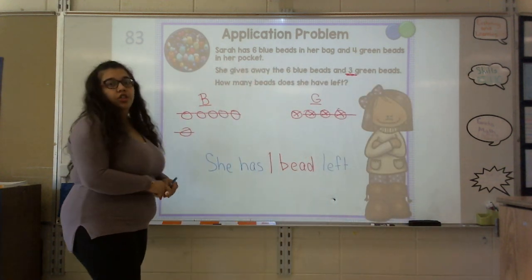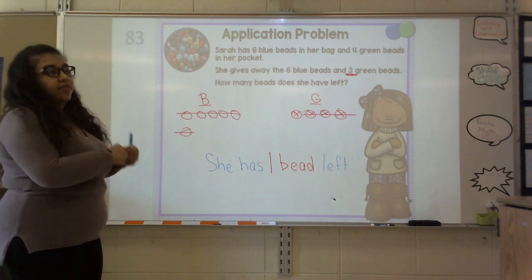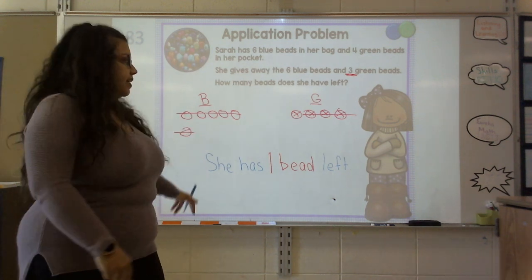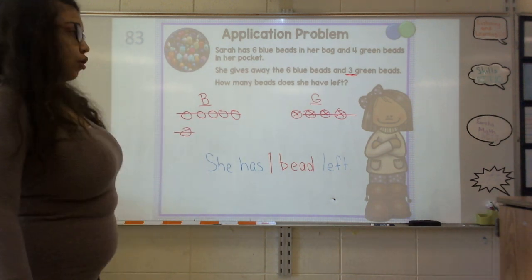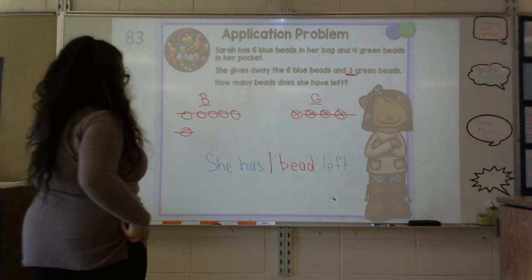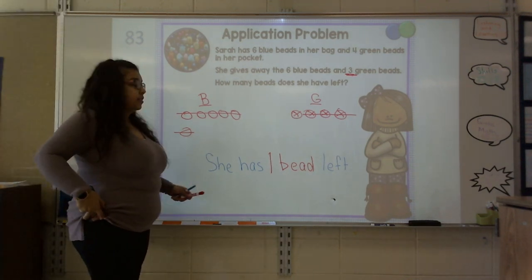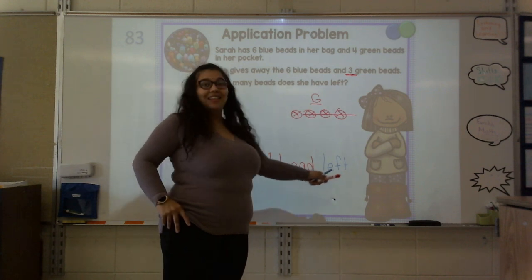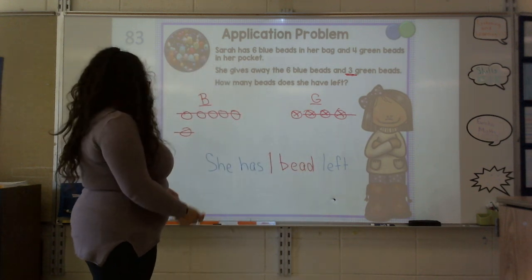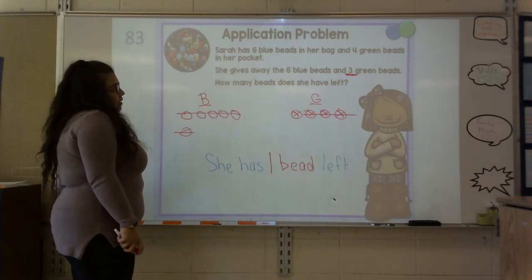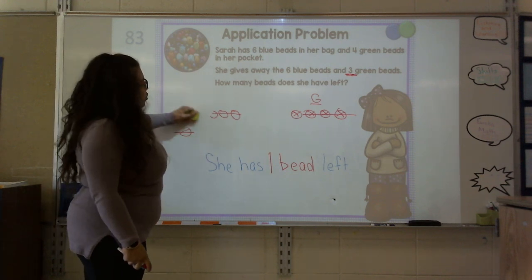Okay. She has 1 bead left. Everything in red is needed for you to have the problem truly correct. If we're going to take it to that next level, that level up, make our complete sentence answer, she has 1 bead left. She has 1 bead left. All right, guys, let's go ahead and get into our newness for the day.